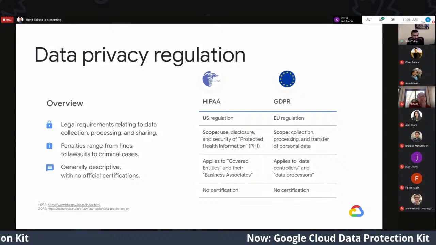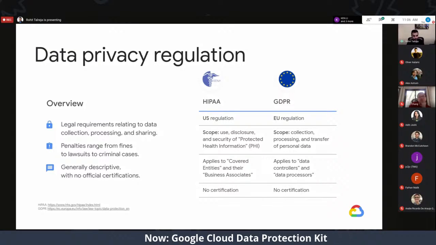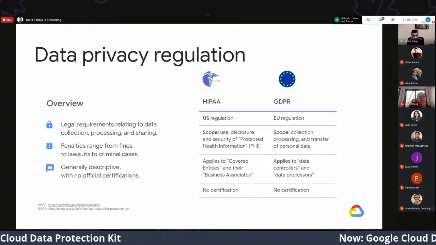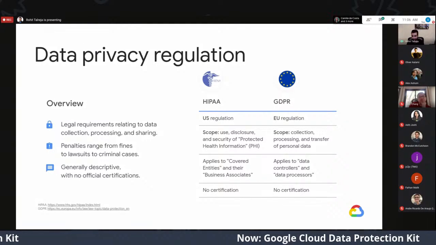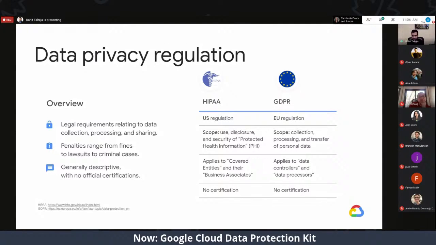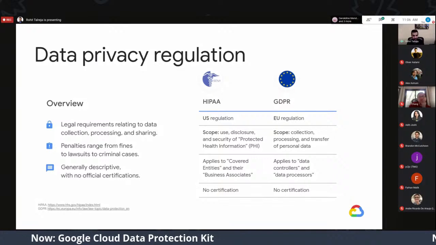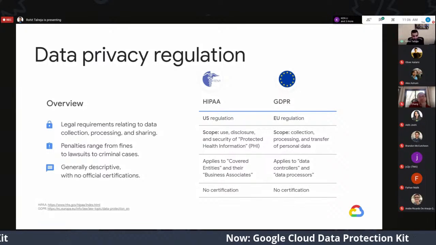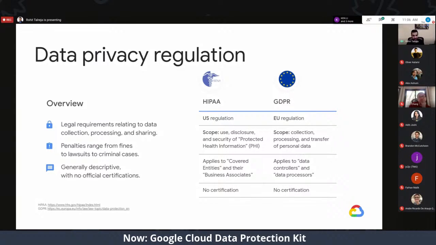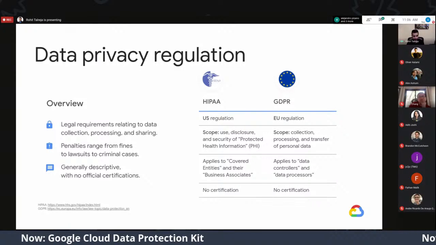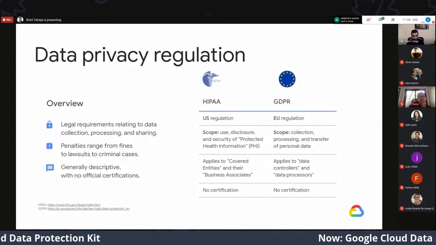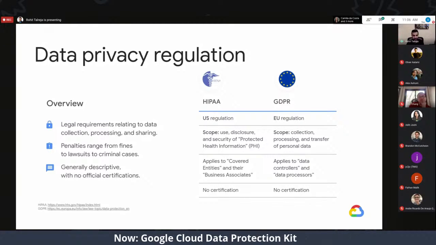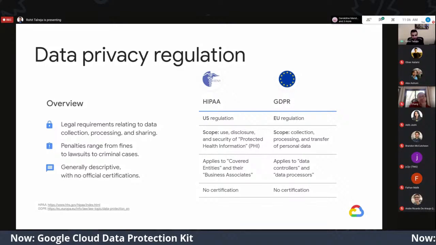One of these sets of constraints comes from data privacy regulations. Most people in the US who work with health data are familiar with HIPAA, usually through the annual training your organization makes you go through to say we're compliant with the HIPAA regulation around use of protected health information. And what has been hot news in the privacy space for the last several years is GDPR in the European Union, which has a similar set of constraints around how personal data is collected, processed, and transferred between organizations.